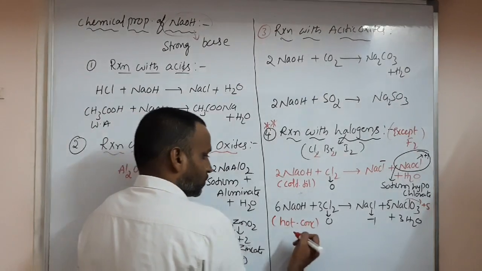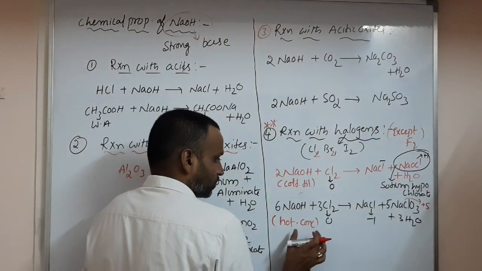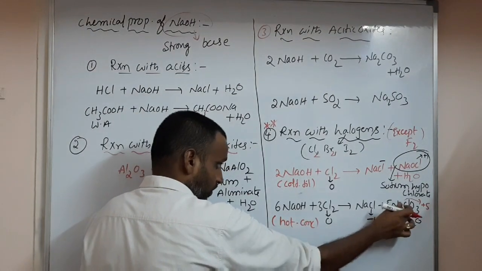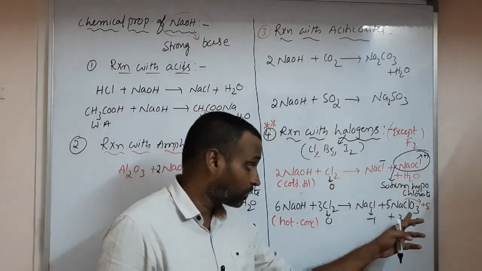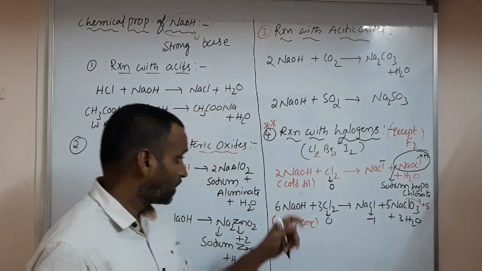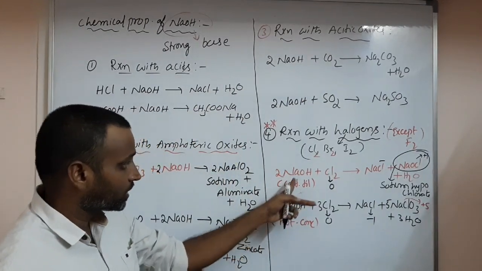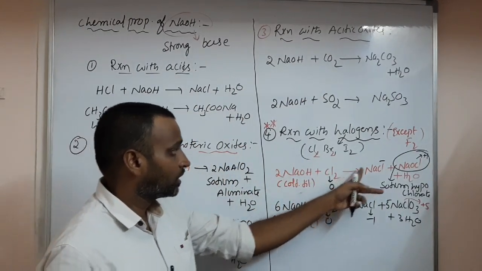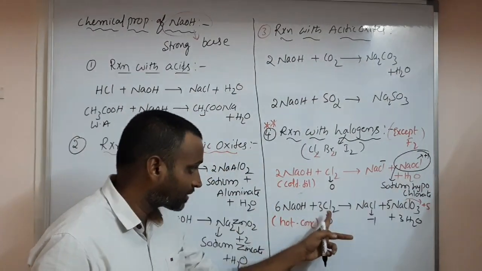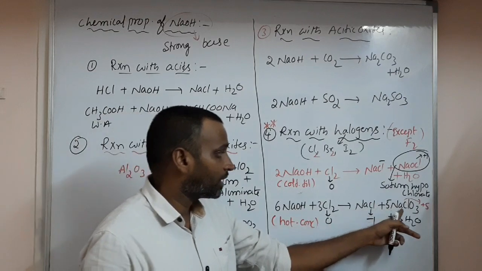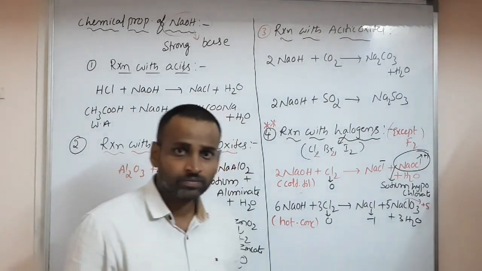So this is sodium chlorate. Remember this one. Sodium hydroxide when dilute, when reacting with chlorine, gives NaOCl. Sodium hydroxide hot, when reacting with chlorine, gives NaClO3.